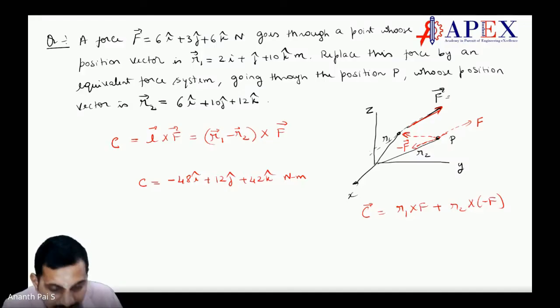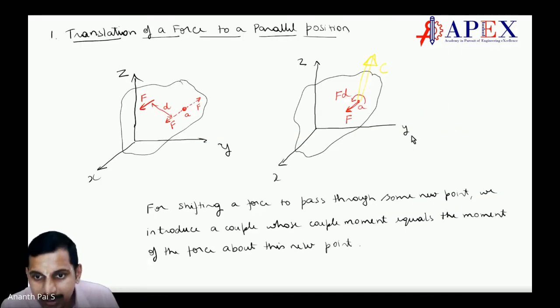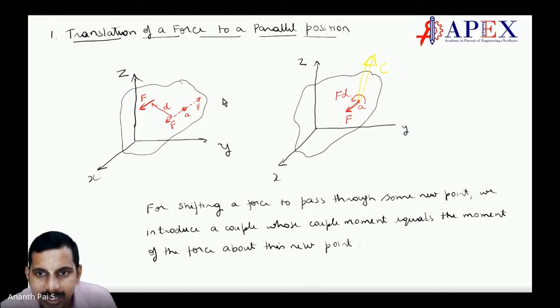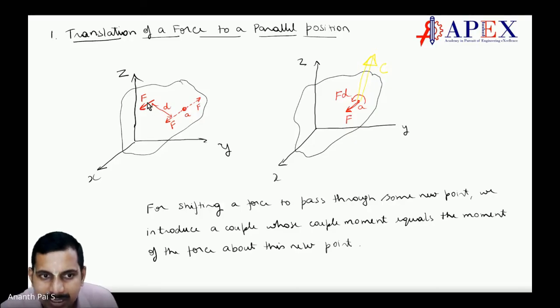So we have this F and this F producing moment, and this is the force which is remaining. So the same thing we have done here, observe. This F and this F produces the moment FD, and this F remains. So actually what we have done, we have translated F from this position to this position. Correct?